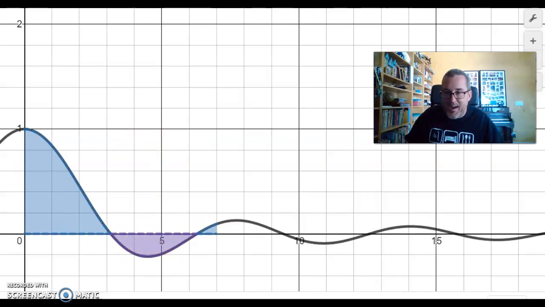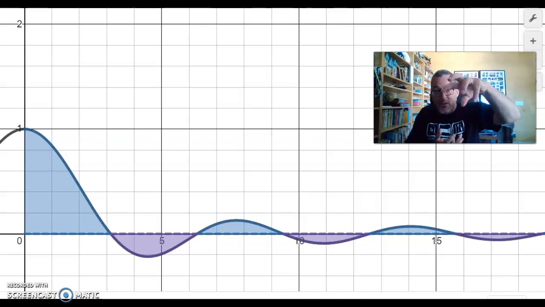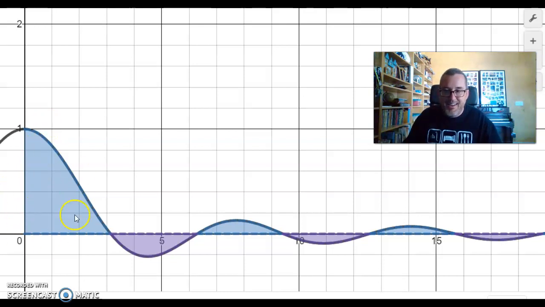But then we go back to positive area, and then some negative, and then some positive, and then some negative, and you notice that the amount of area that we're accumulating gets less and less and less. As we add some of that blue area, we take away less in purple, then add less than that in blue, and then take away less than that in purple. And so we would expect our function to fluctuate, but not go back to zero, because we did start off with a good chunk of positive area, relatively speaking.